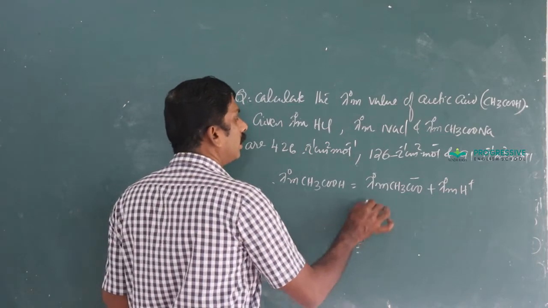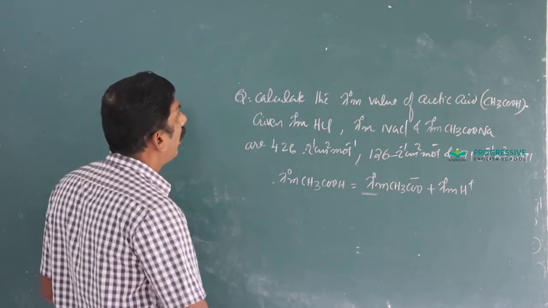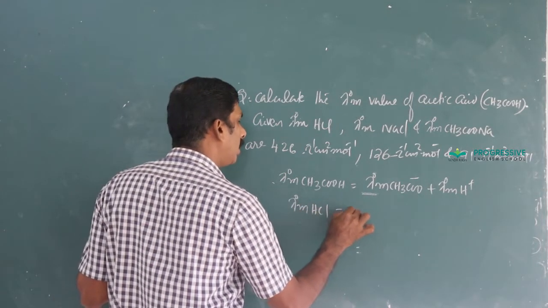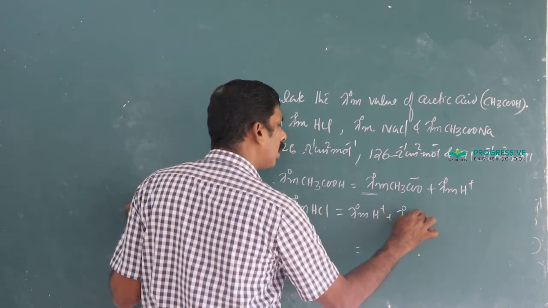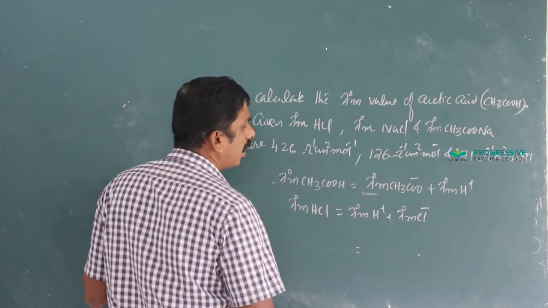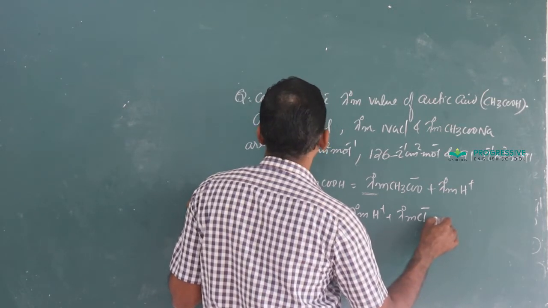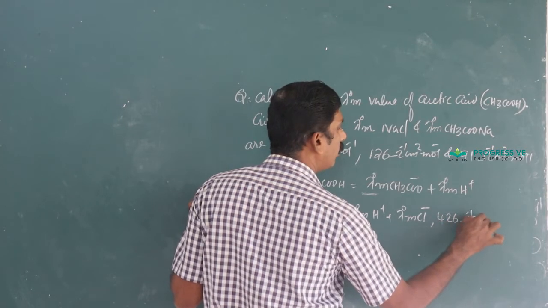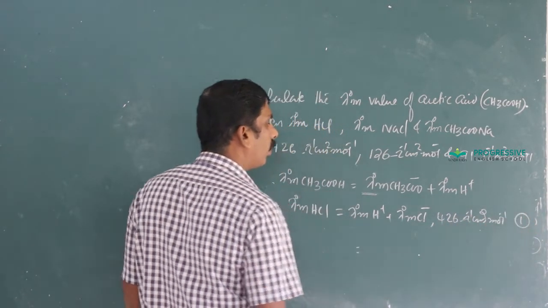Okay, this is our required equation. The given equations: lambda 0m HCl equal to lambda 0m H plus lambda 0m Cl minus, the value is 426 ohm inverse centimeter square mole inverse, equation number 1.